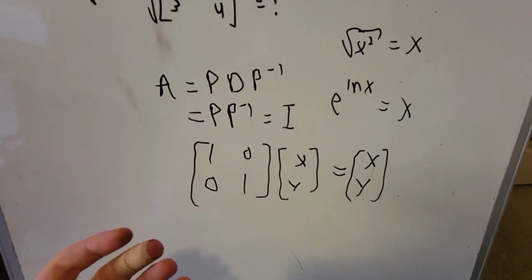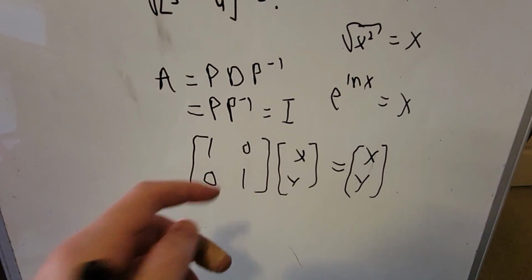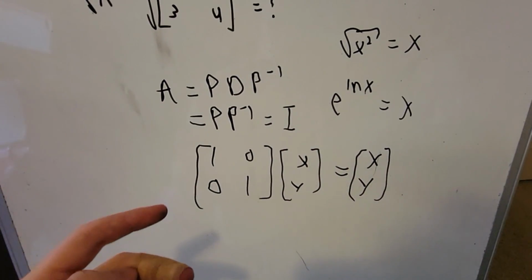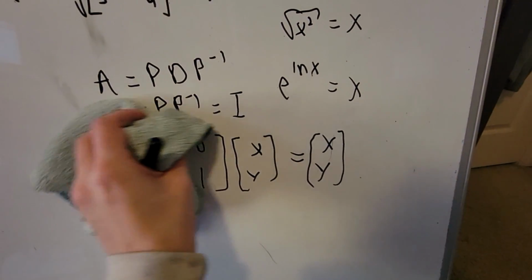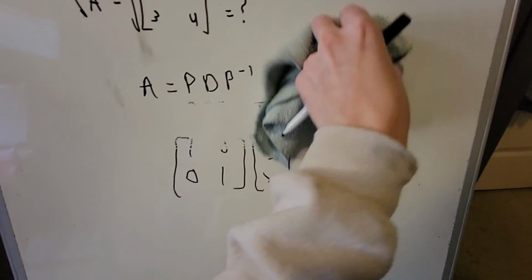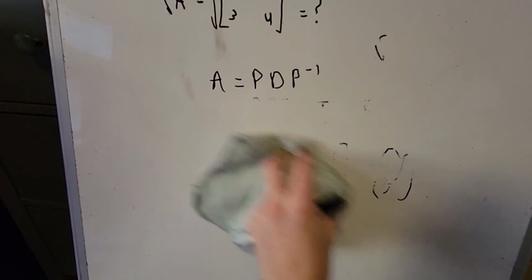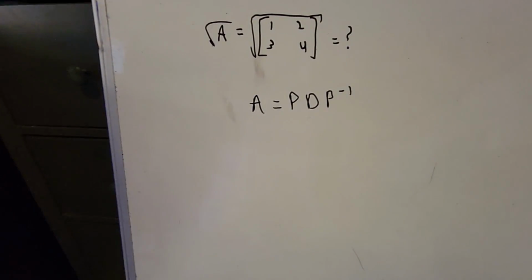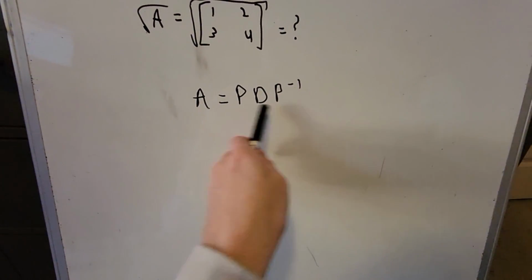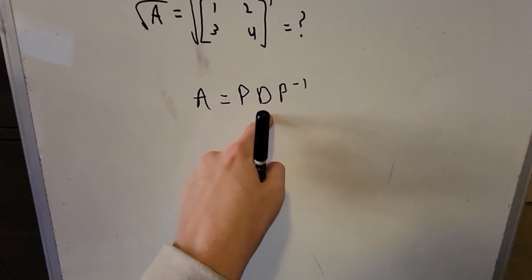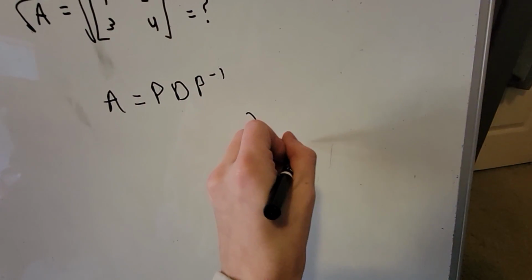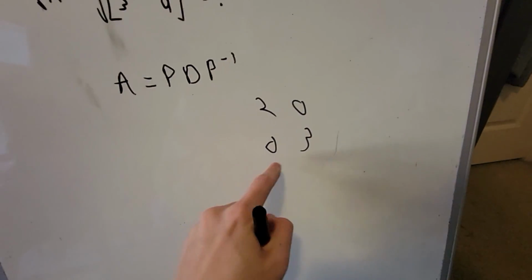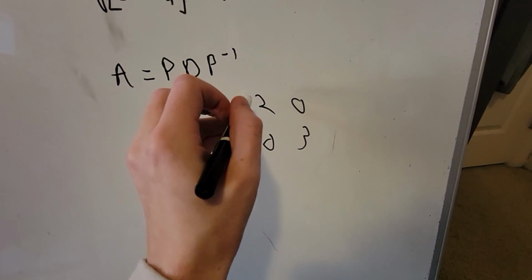So it's the effect of just 1, basically. But these are not right next to each other, so we're not just saying A is equal to D, but we can write it this way. So we want P to be an invertible matrix, and D is going to be a diagonal matrix. So if we wanted, it would be something like this.